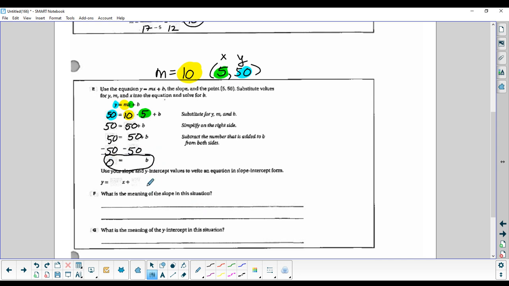So now that I know my two parameters, my slope and my y-intercept, I know that the equation of the trend line is y equals 10x. 10 being the slope, which means that there are 10 pages per chapter in this scatter plot, and 0 meaning there are 0 pages before the first chapter.